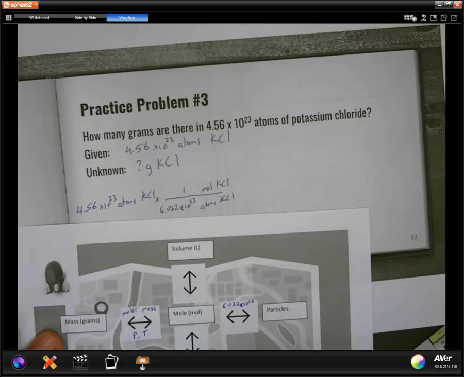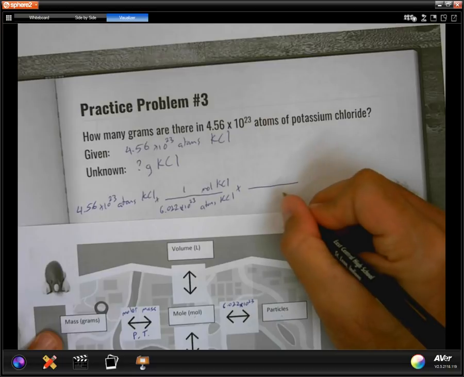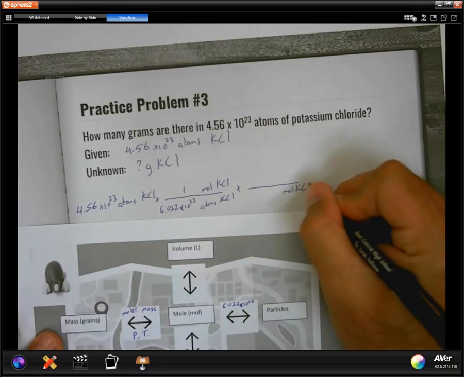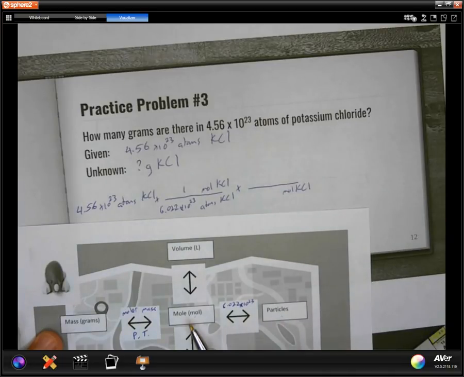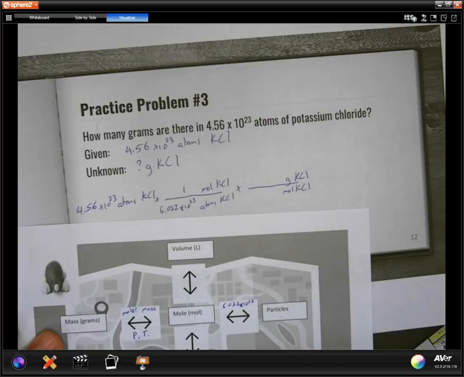Now I just converted from atoms to moles, but I'm not done yet because the problem wants me to go to grams. So I'm going to repeat step 2. Follow your units. Now that I'm in moles, I can convert to grams of the exact same compound. Now I have to do a little bit of what we did in the slides before.